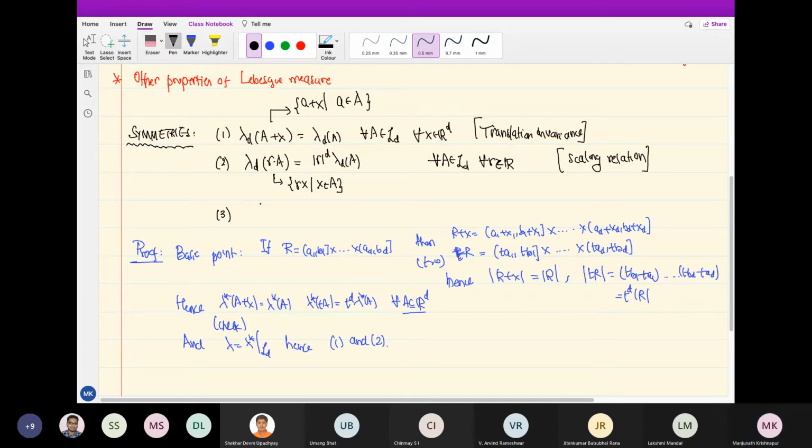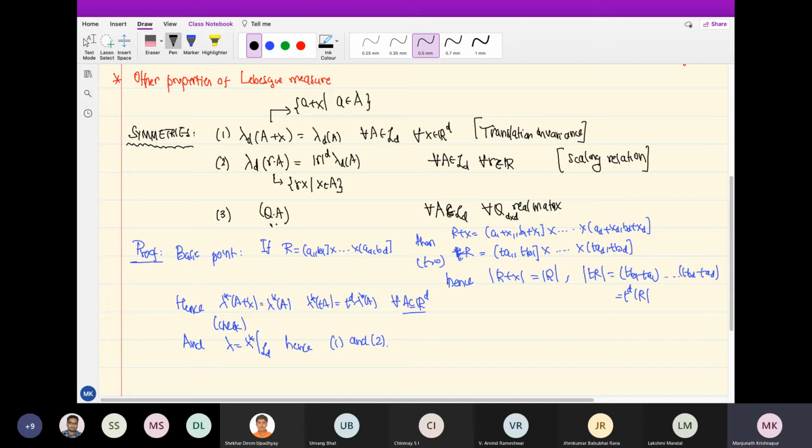Suppose A is a subset, A belongs to L_d, and let us say Q is a d cross d matrix. What I do is I apply Q to A. I do a linear transformation now.